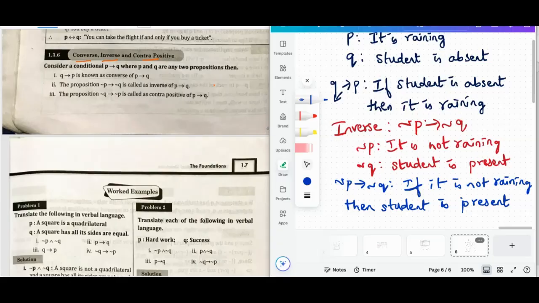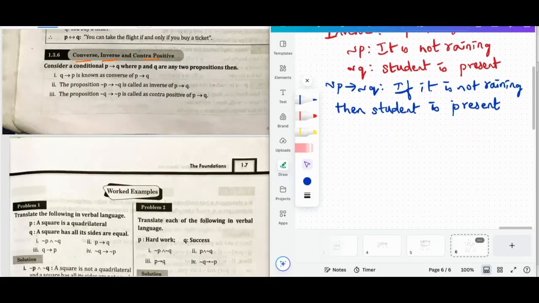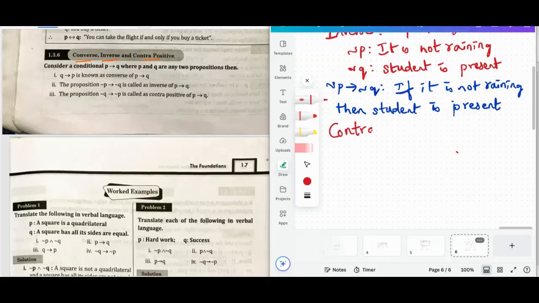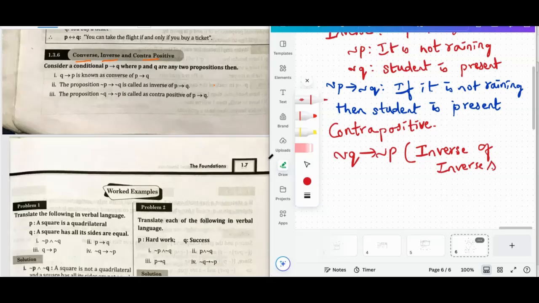Then the next one is contrapositive. What is meant by contrapositive? Contrapositive is negation Q implies negation P. It is nothing but the opposite of the inverse statement.